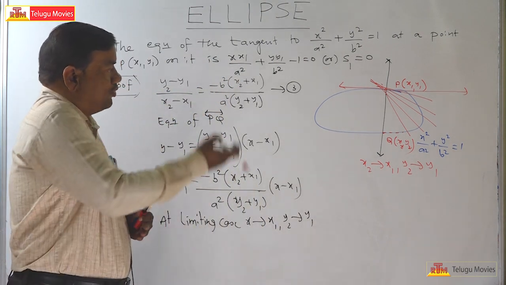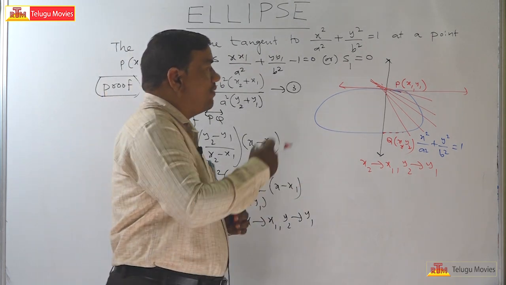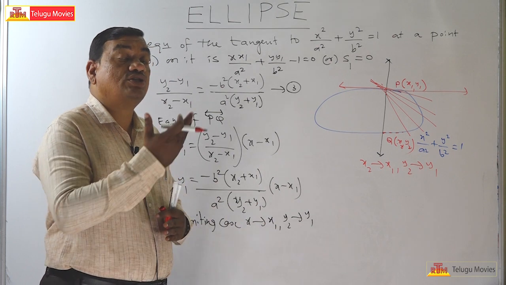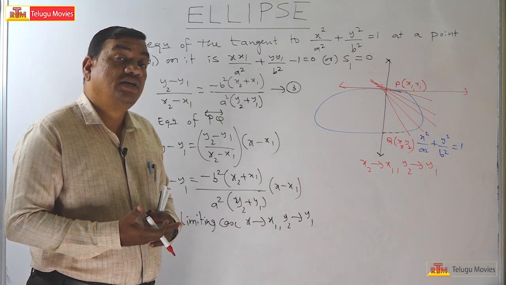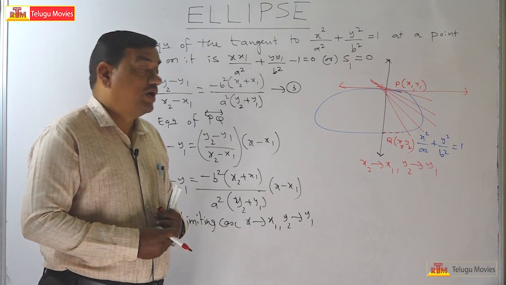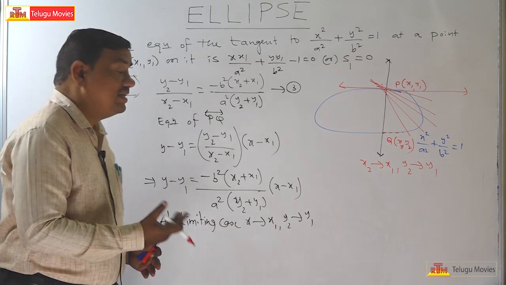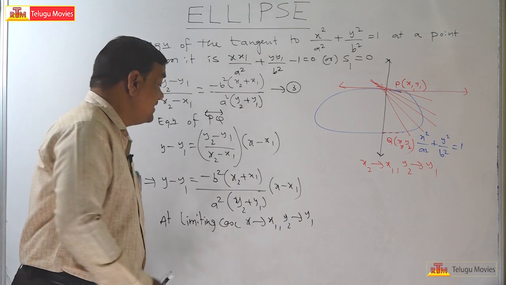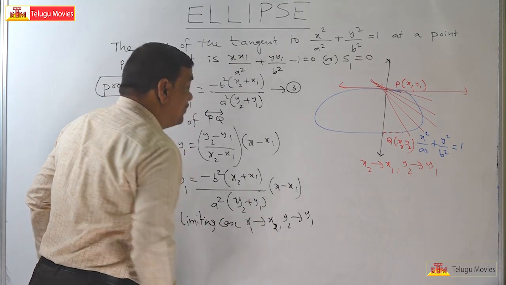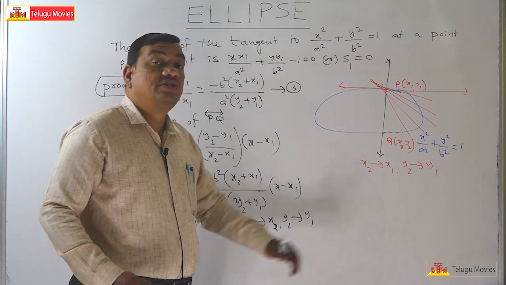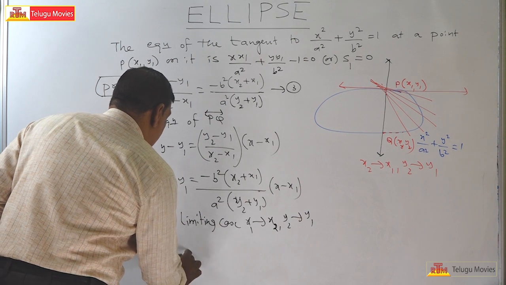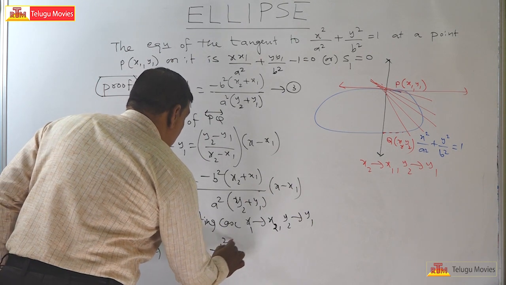As x2 value approaches x1, y2 value approaches y1, it is not exactly equal, but approaches, and the secant of the curve will become tangent at the point P. So in the limiting case, wherever x2 is there, substitute x1, wherever y2 is there, substitute y1. Now, this implies y minus y1 is equal to minus b square.